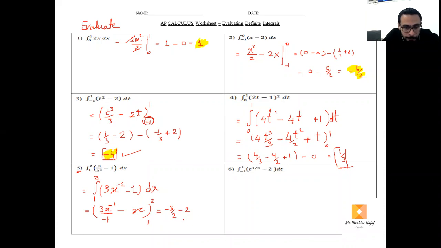Yes, this is in the first parenthesis. Minus the bracket where we replace by 1 now, so negative 3 over 1, so negative 3, minus 1. Which is equal to negative 3 over 2 minus 2, so negative 1.5 minus 2.